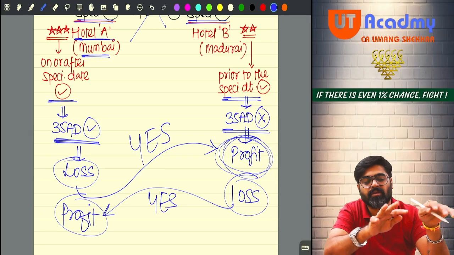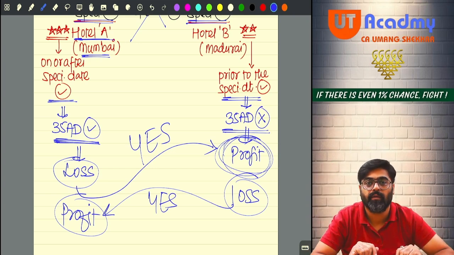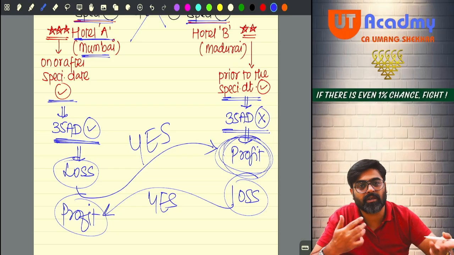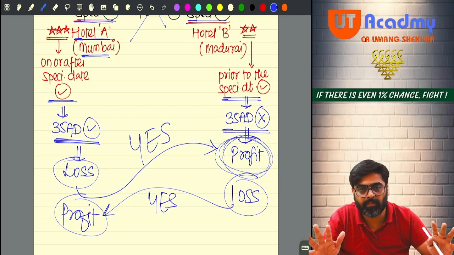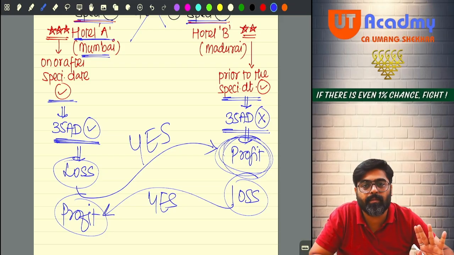Loss of any specified business can be adjusted against the profit of any specified business only. Whether for these specified businesses 35 AD deduction was available or not will not make any difference. But specified only against specified. Getting my point, everyone?